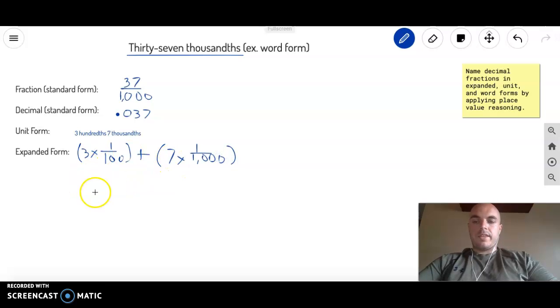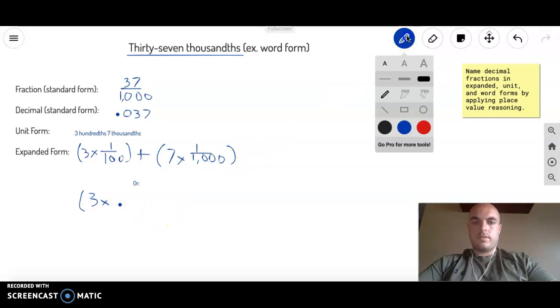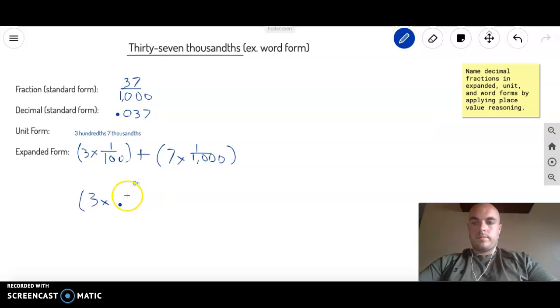If I want to do this as decimal, let's actually type it out because that's kind of sloppy looking. I could do, again, 3, and I'm doing the hundredths place, so now as a decimal, 0 for my tenths, and then a 1 for my hundredths.